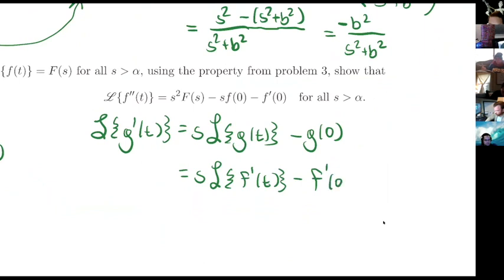Now let me replace all of these g's in terms of what they are in terms of our original function f. So those g's were all f primes. And now we can use that result again, right? Since we've already proven this for first order derivatives.